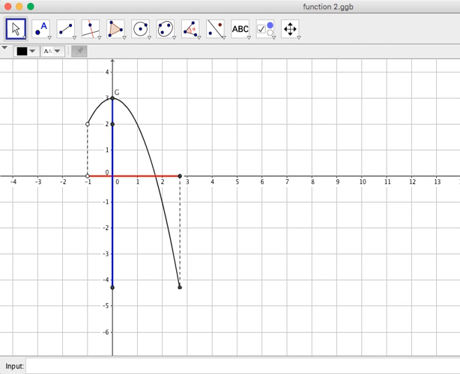Tapos pag ito naman kunwari, binago ko naman ng konti, the range becomes from negative 1 to 3. And the domain is from negative 1 to 2. Kasi yun yung pinaka-projection niya, parang shadow siya ng graph sa x-axis, tsaka shadow ng graph sa y-axis.